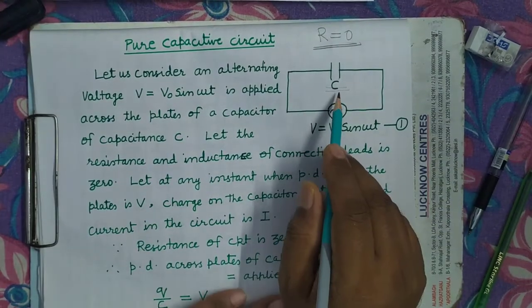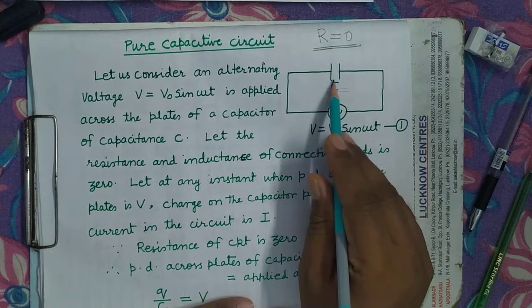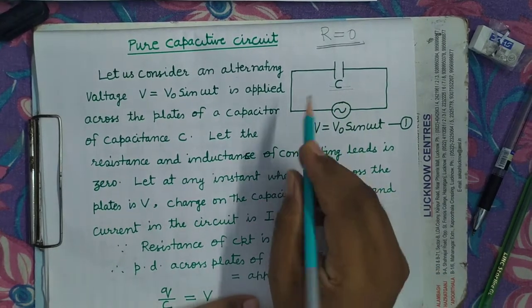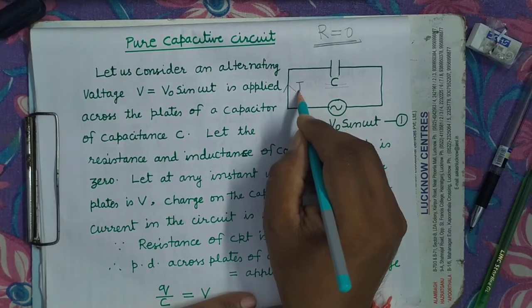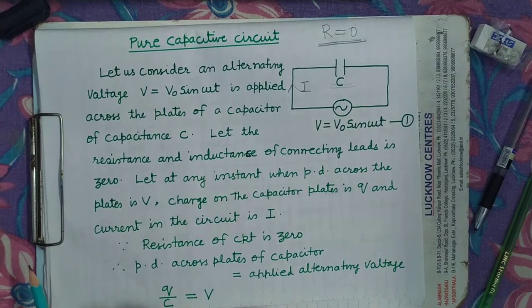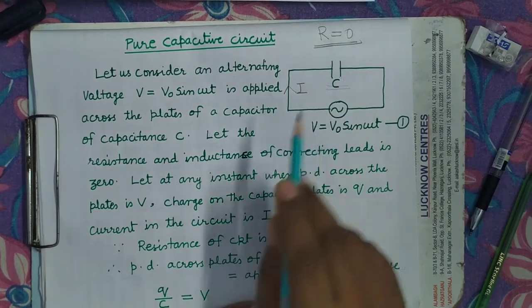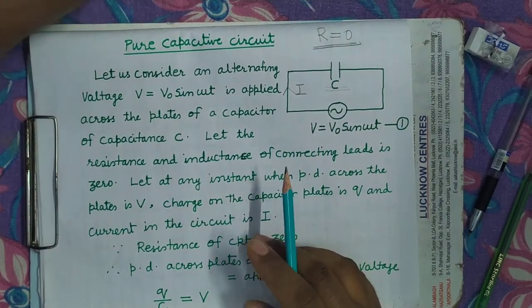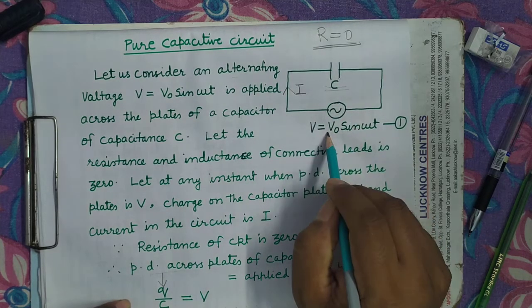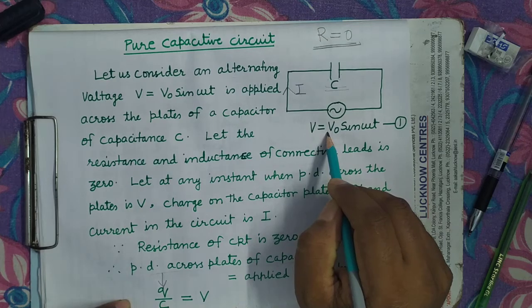So let at any instant the charge on the plates of the capacitor be Q, and the current is I. So see here, the charge on the plates of the capacitor is Q. So what will be the potential difference across the plates of the capacitor? It will be Q upon C. And this potential difference will be equal to the applied voltage.